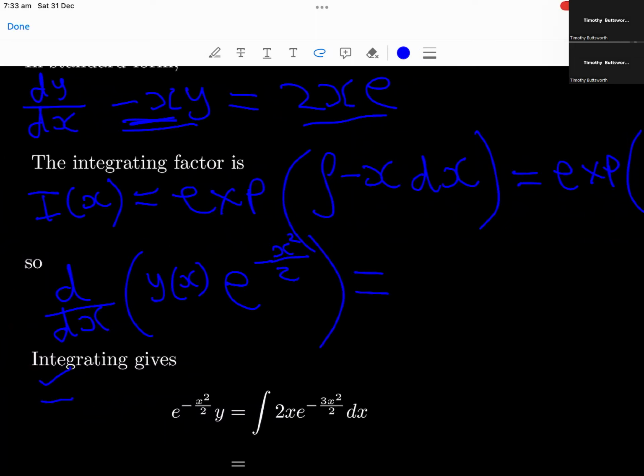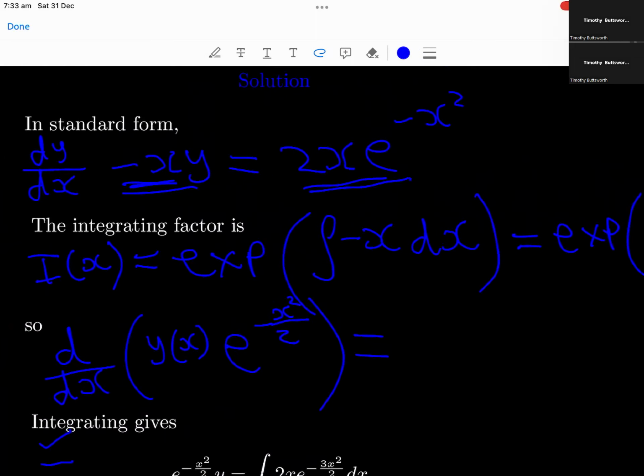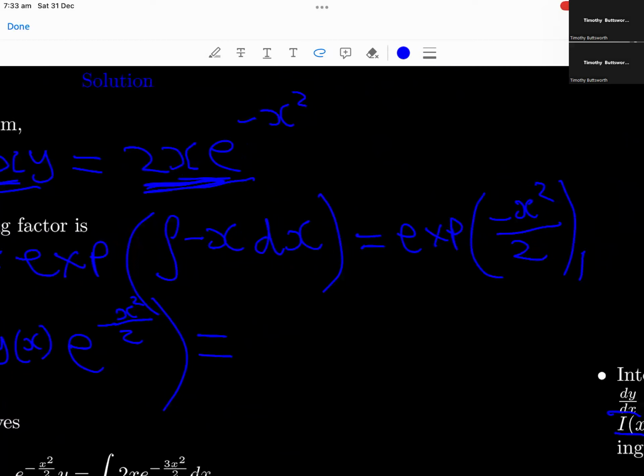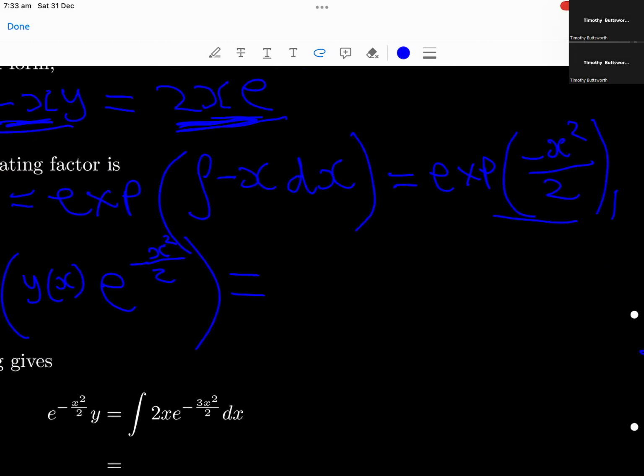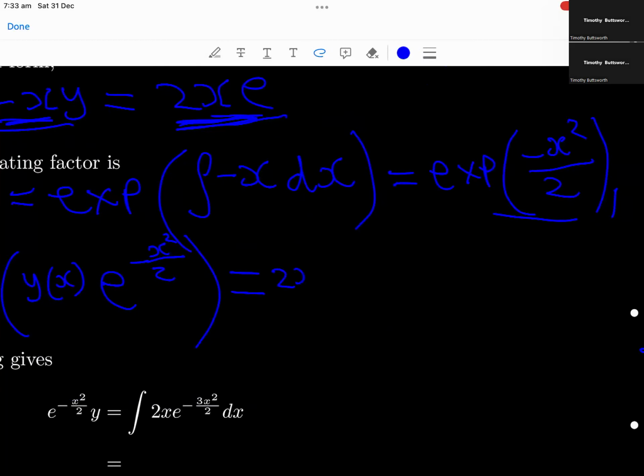And this is going to be equal to this right-hand side over here multiplied by this same integrating factor. So it's going to be 2x e to the minus x squared on 2 multiplied by my integrating factor.